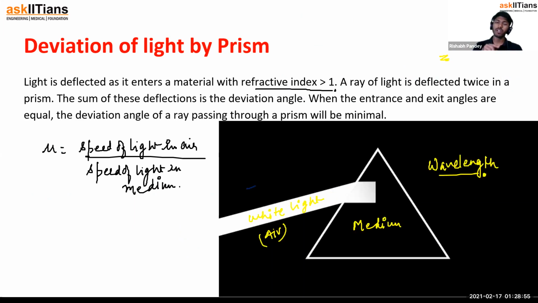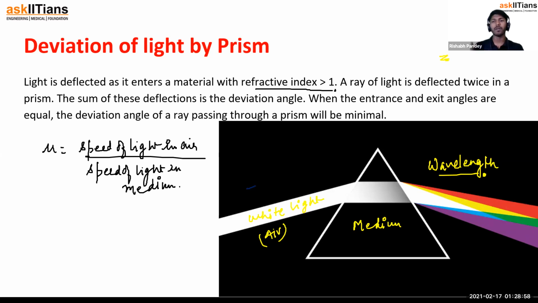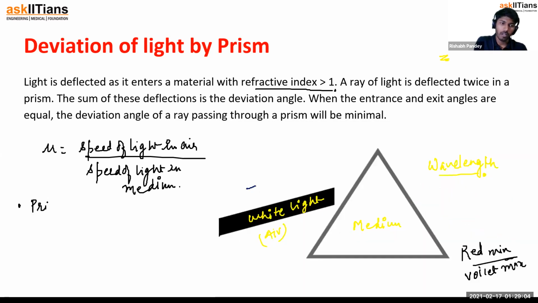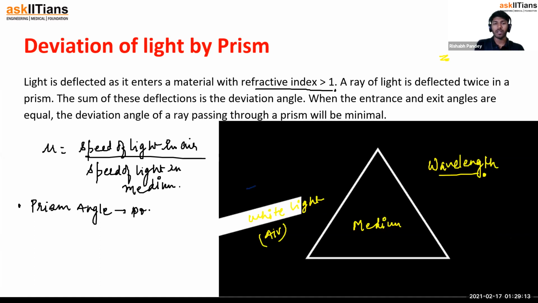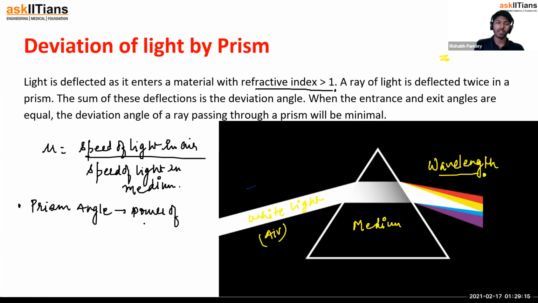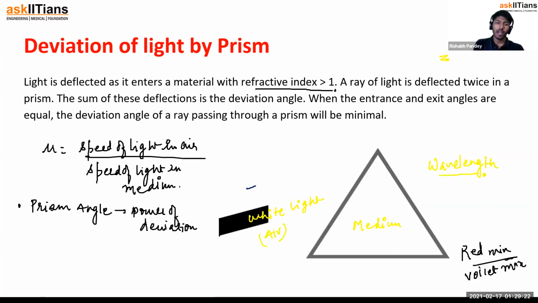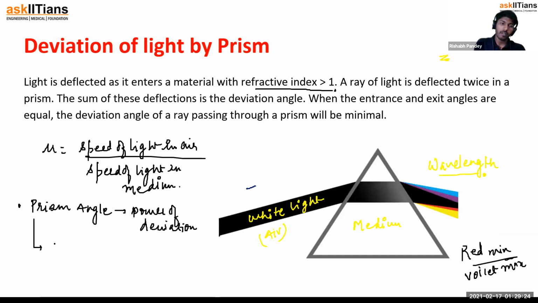And on what factors does the deviation basically depend? It depends upon the prism angle. Another point: the power of deviation, that is, by what angle a prism can deviate. This is governed by the material of which the prism has been made.